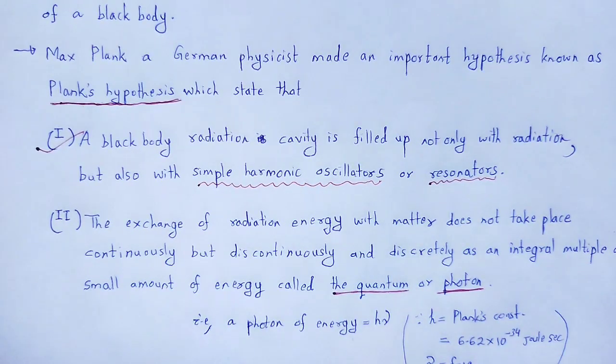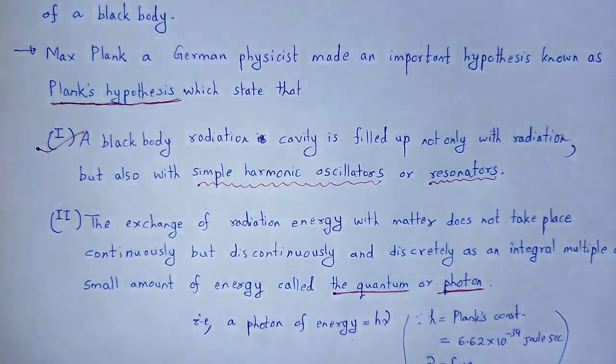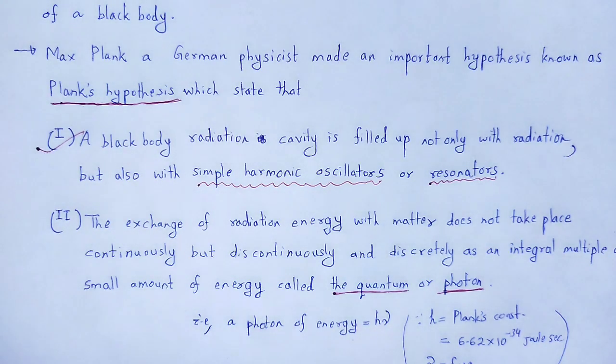In previous theories, as proposed classically by various scientists to explain the phenomenon of the blackbody radiation spectrum, they assumed that the energy is continuous.